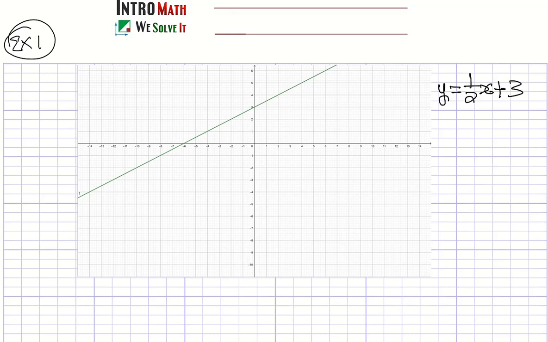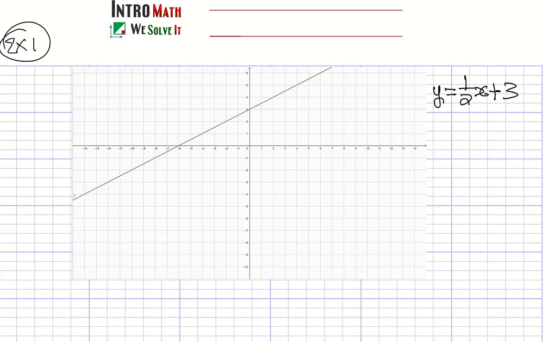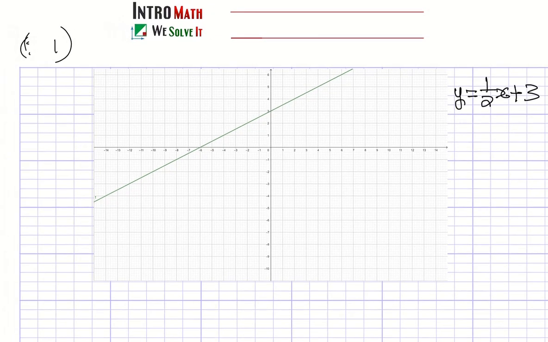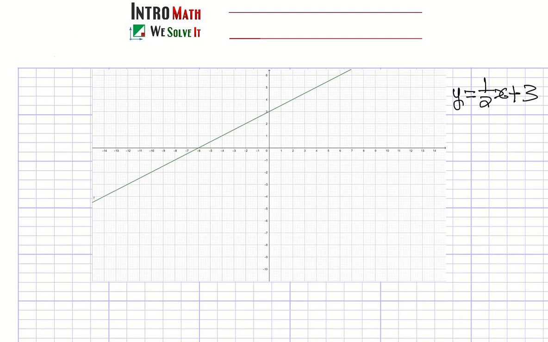Those 2 intercepts are basically what you need. After you find them, you use a ruler and draw the graph. That's all you need. How do you do that? Let me show you how you do that.